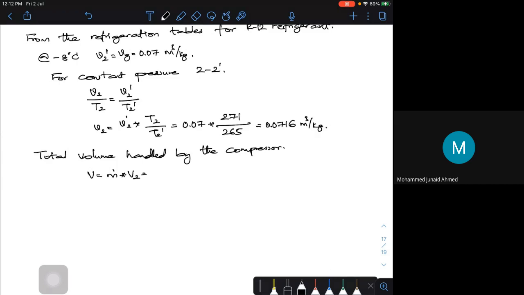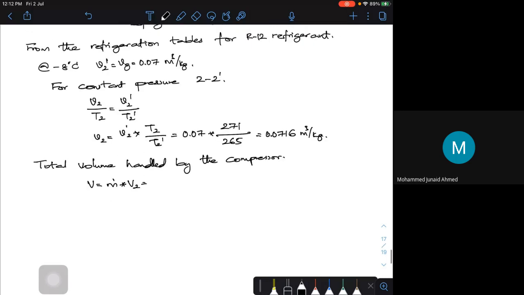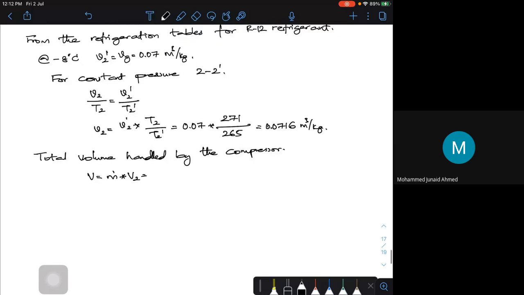Just now we found the mass flow rate is 0.323, into 0.0716. If I do that, 0.323 into 0.0716 is equal to 0.023 meter cube per second.